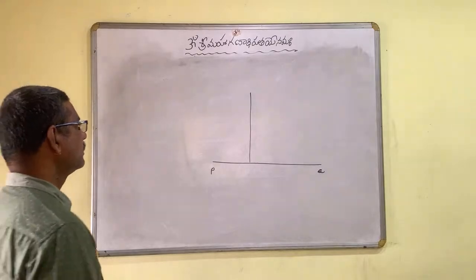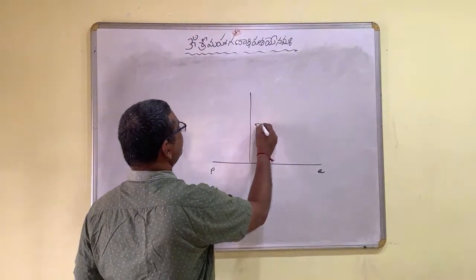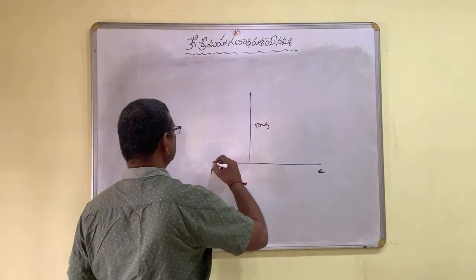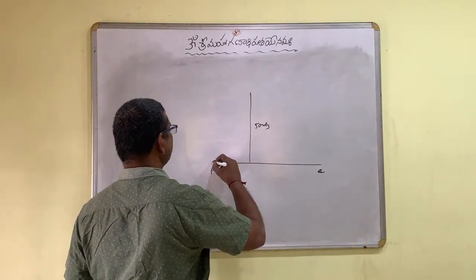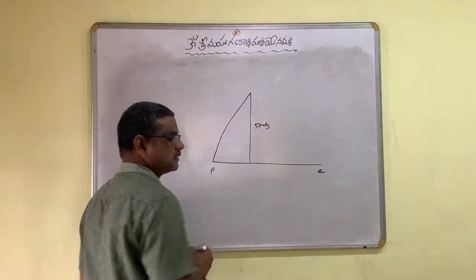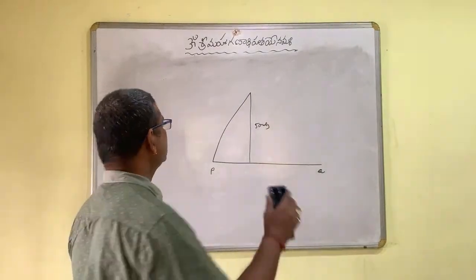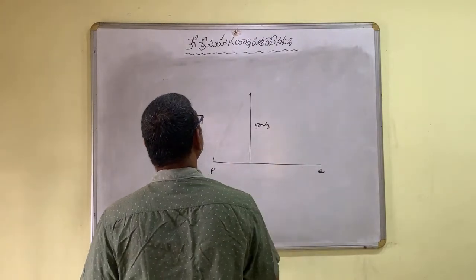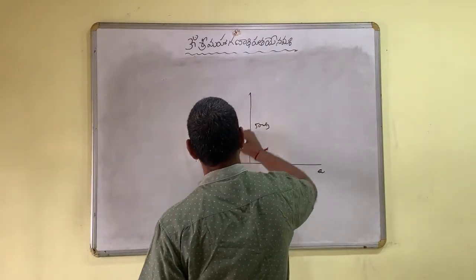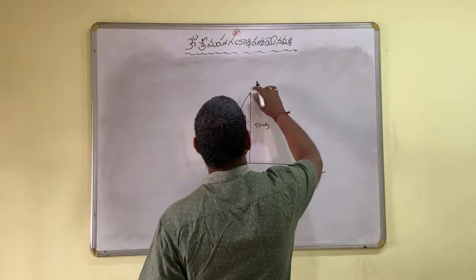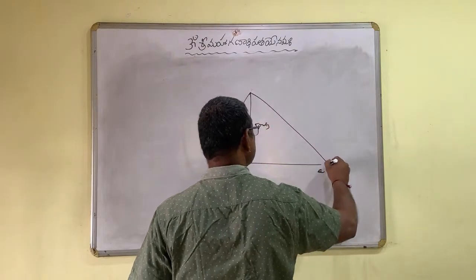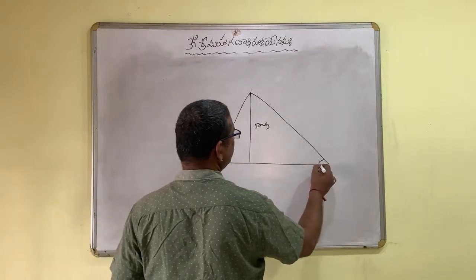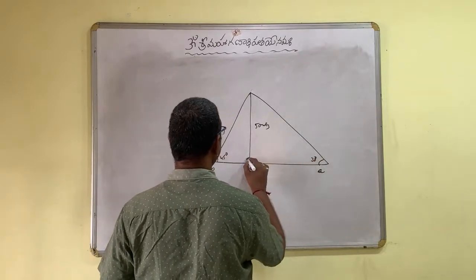Now, height of the tower is given as 50 meters. The angle of elevation of top of the tower from P is 45 degrees and from Q is 30 degrees.